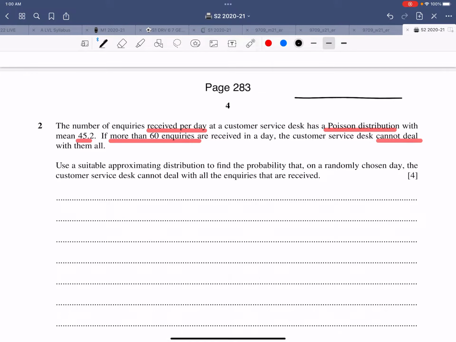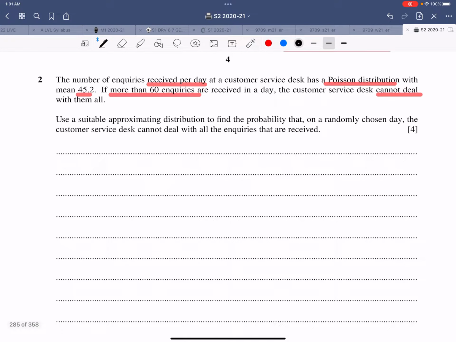So first of all, this question is about the Poisson distribution and the approximation related to it. Find the probability that on a randomly chosen day, the customer service desk cannot deal with all the inquiries. X follows a Poisson distribution with mean 45.2.